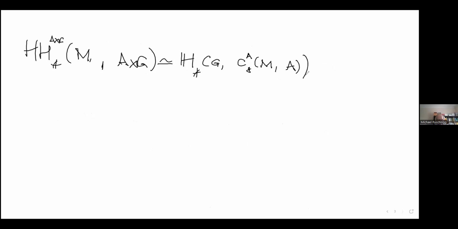Okay, so this is a very nice formula expressing the Hochschild homology of a bimodule over the cross product as hyperhomology of the Hochschild complex just of M viewed as an A bimodule.